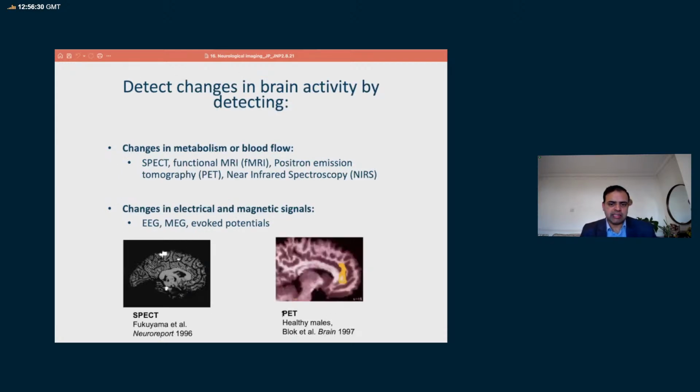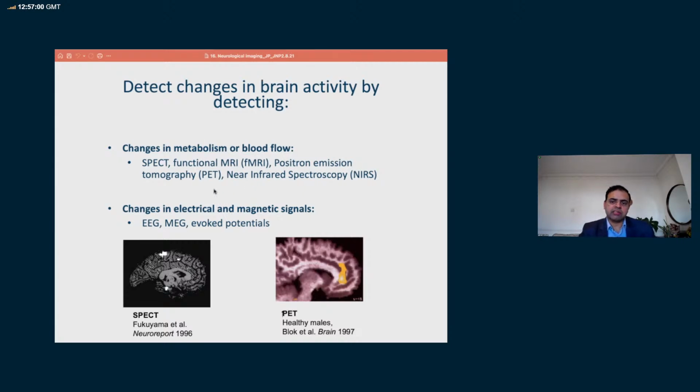To detect changes in the central nervous system, what we're alluding to is essentially brain activity. This can be detected either by looking for changes in metabolism or blood flow. So you could have a SPECT study, as you can see, this is from the 90s, and then more recently PET studies, functional MRI studies and near infrared spectroscopy. So different ways to assess these changes in either blood flow or metabolism.